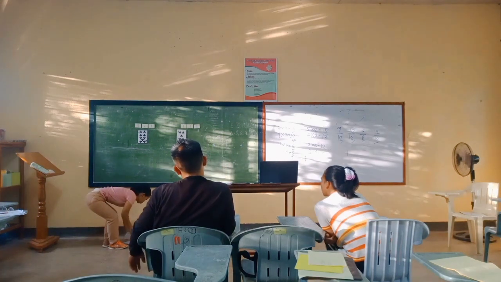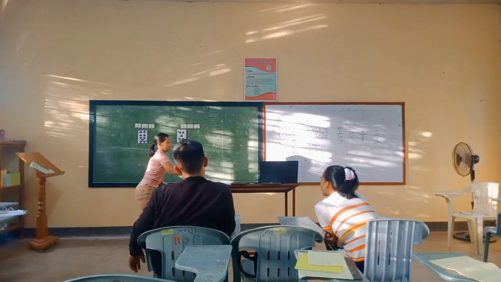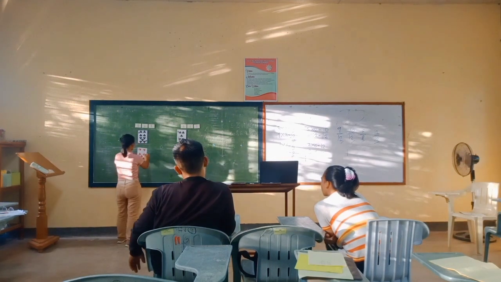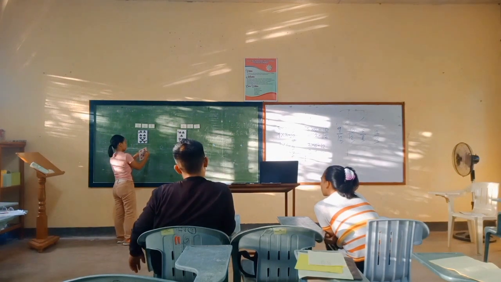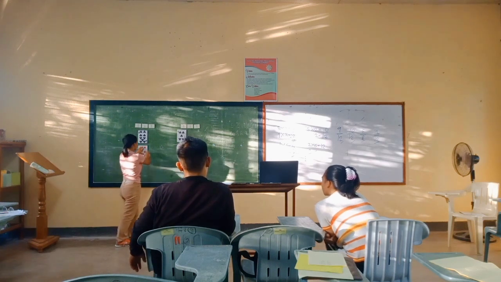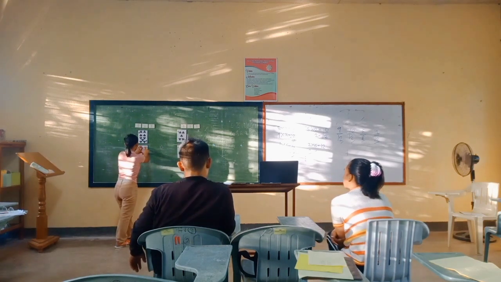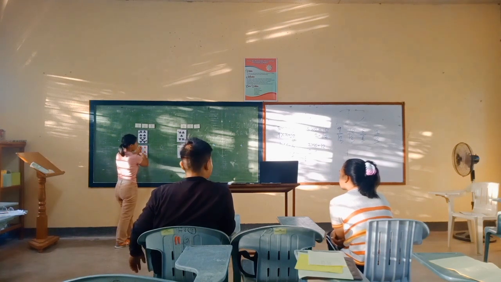Okay, so what are we going to do if we're going to compare these fractions again? From our discussion a while ago, we're going to get the LCD. Okay. So let's try to get the LCD.